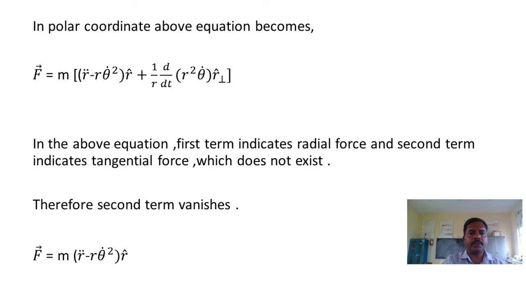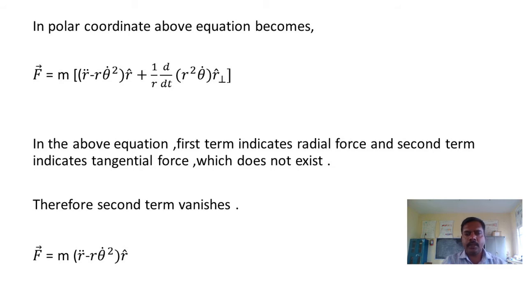So the above equation is divided in two parts. The first term indicates the radial force, and the second part indicates the tangential force, which does not exist. Therefore, the second term is neglected. So the equation takes the form F equals m into (r double dot minus r theta dot square) into the unit vector.